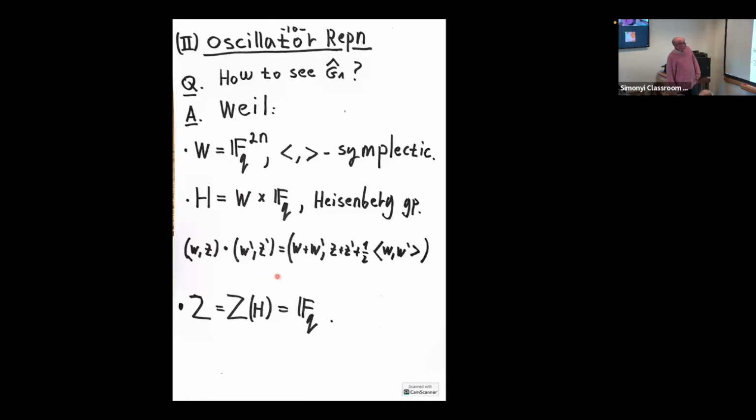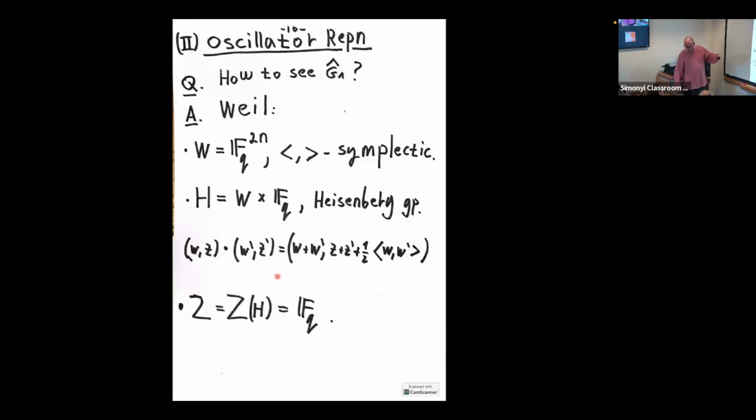Okay, so let me describe this yoga that produces G1 hat. You start with a symplectic vector space, F_q to the 2n. We will just need n equal 1 and n equal 2 in this talk. It's easy to state the general situation. It's a vector space that comes with a symplectic form.